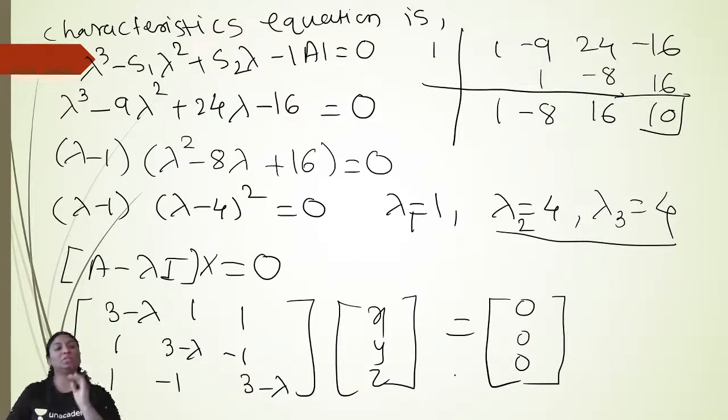Okay, so this is our matrix. Now put lambda is equal to 1, lambda 1 is equal to 1.